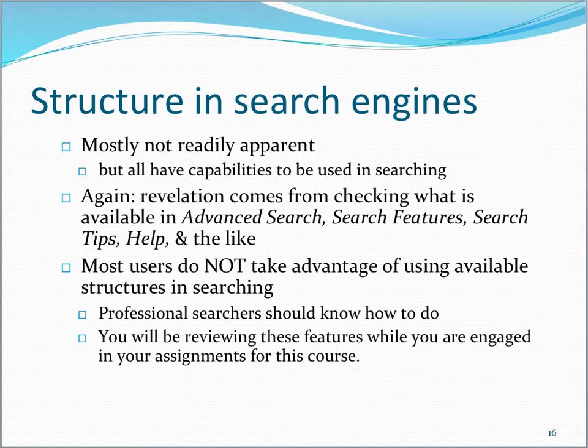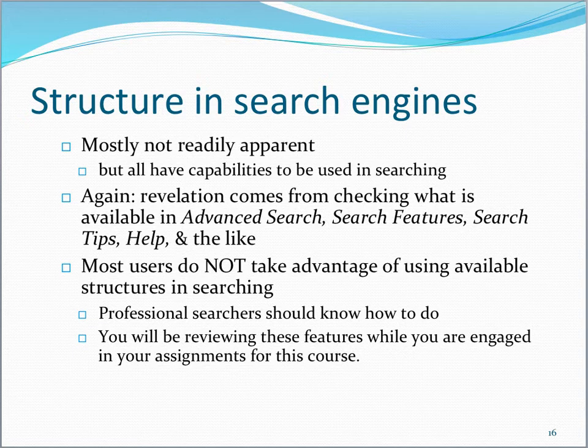So here one tip is, again, revelation comes from checking what is available in advanced search, search features, search tips, help, and the like. I, for example, like to use advanced search. For me, it's easier to search, and I get more relevant results.